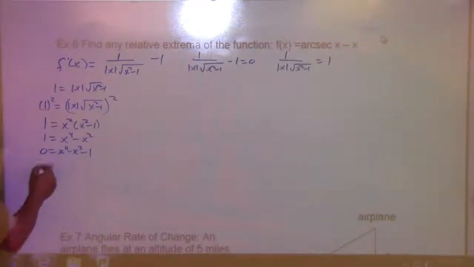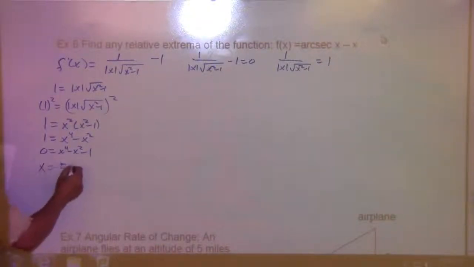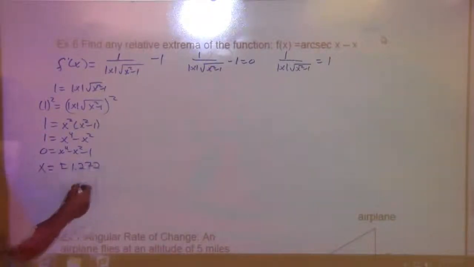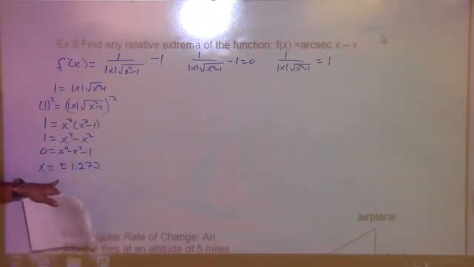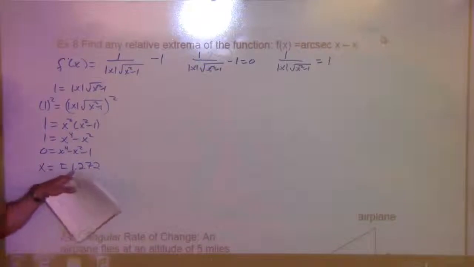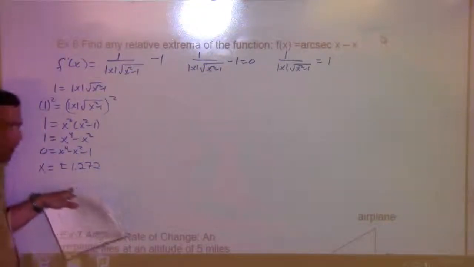And our zeros from this are going to be x equals plus or minus 1.272. So you can factor it down. You can do u substitution, say u equals x squared, or you can use your solver button in the calculator.